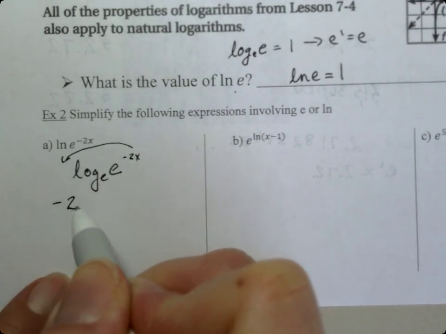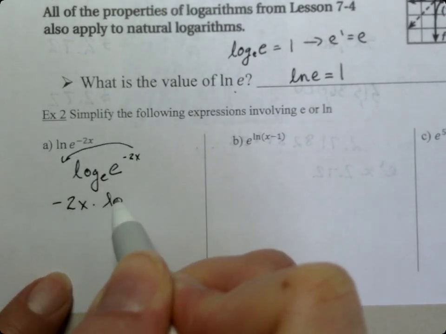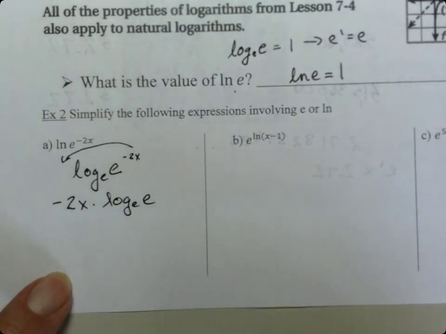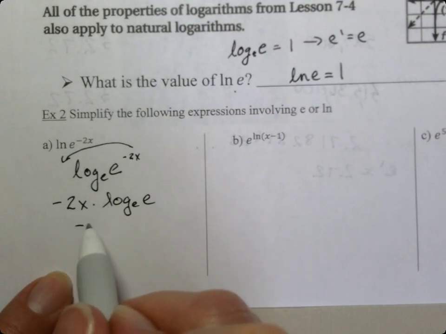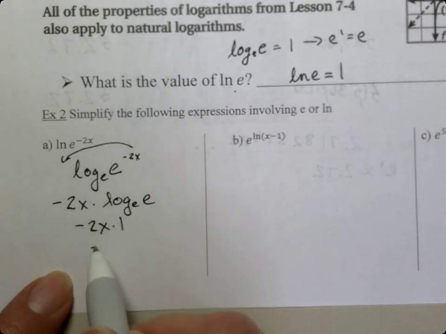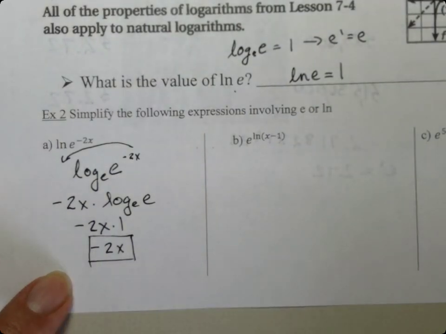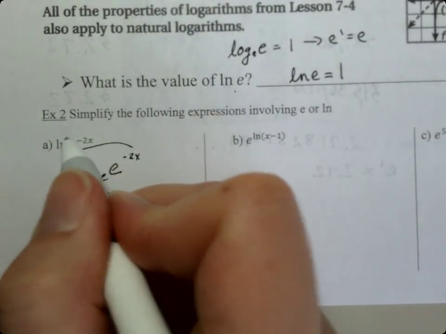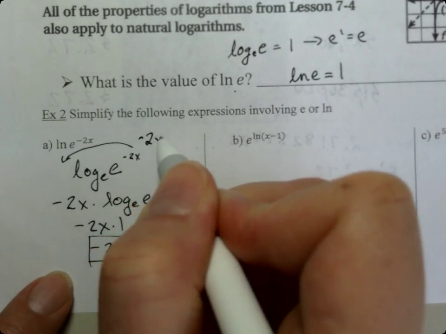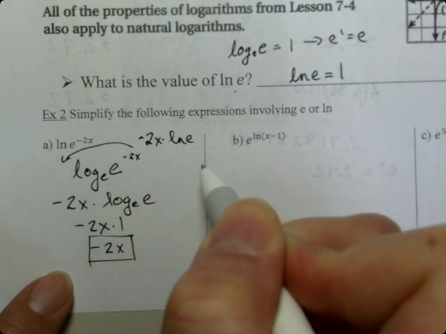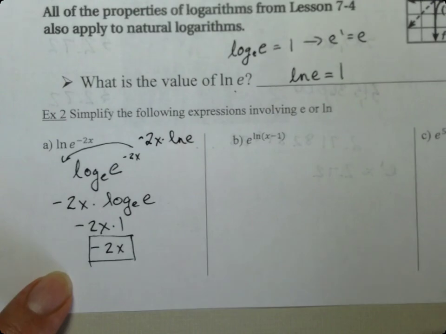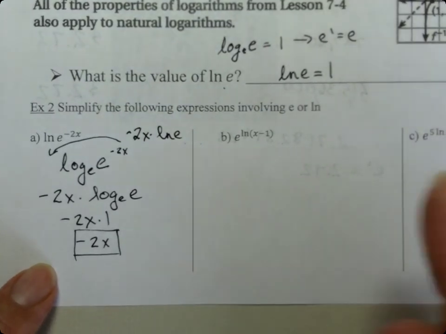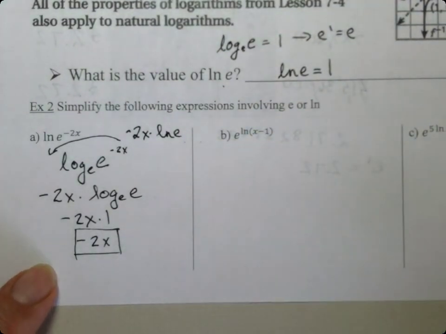This is negative 2x times log base e of e. And what's log base e of e? 1. So it's negative 2x times 1, and my answer is negative 2x. I didn't have to show it that way. This could come out front, and you have negative 2x times natural log of e, and natural log of e is 1.